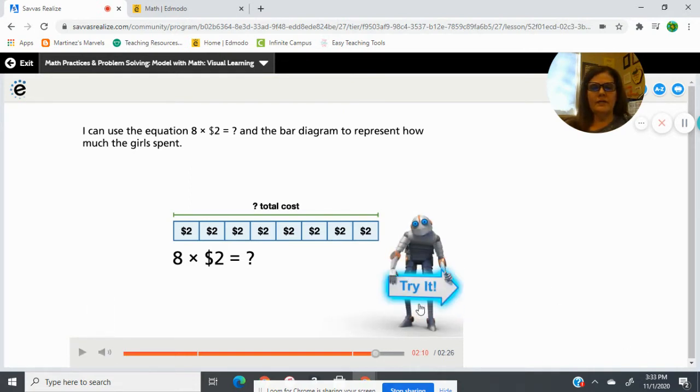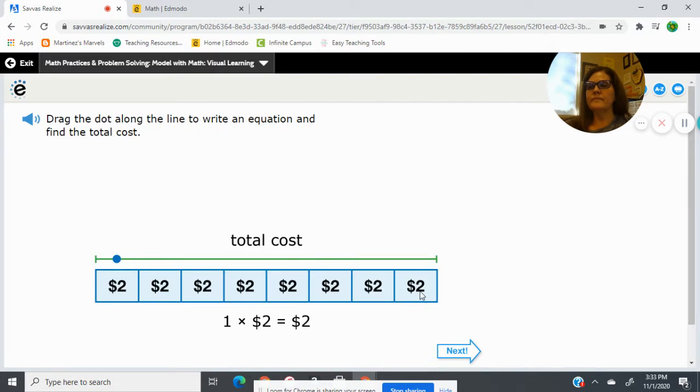Okay, we're going to try it. Drag the dot along the line to write an equation and find the total cost. Okay. So 1 yard is $2. Oh, it goes by fast. 2 yards is $4. 3 yards is $6. 4 yards is $8. 5 yards is $10. 6 yards is $12. 7 yards is $14.